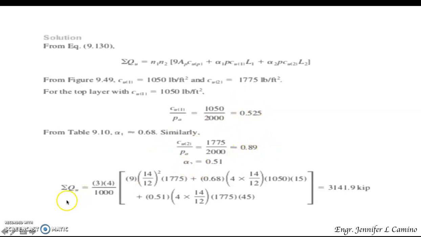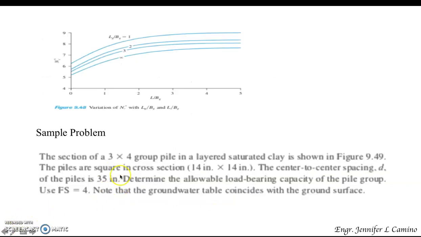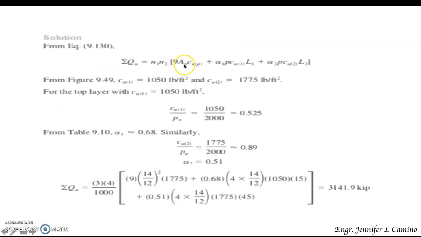Therefore, having those values, we substitute now the summation of Q sub U, which is equal to this equation. We simply have to substitute the values for N1 and N2, then the values for A sub P, C sub U, and of course alpha 1, alpha 2, and our L sub 1.